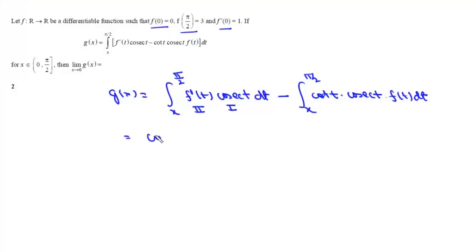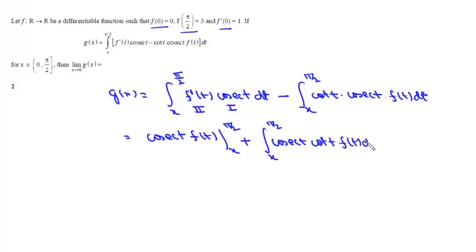So it will be cosec t, and then the integral of f dash t will be f(t), with limits from x to pi/2, minus this integral from x to pi/2. Now the derivative of cosec t is minus cosec t cot t, and then the integral of f dash t is f(t) dt, which will get cancelled with the other expression, the same integral of cot t cosec t f(t) dt.